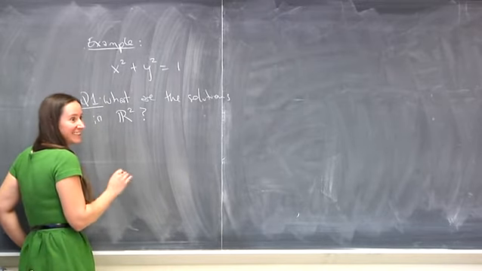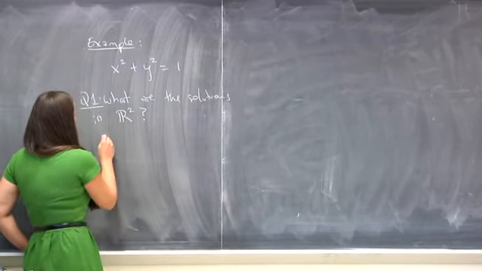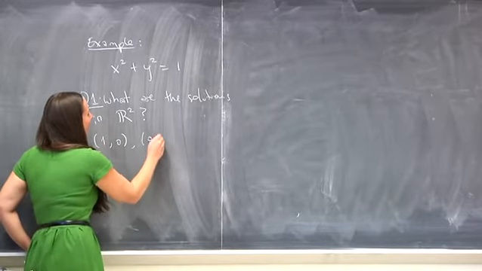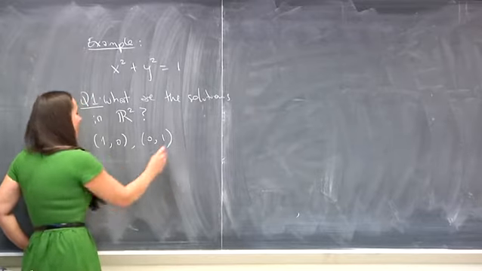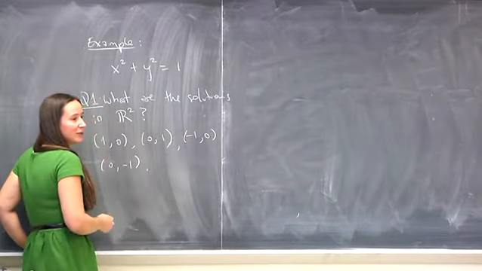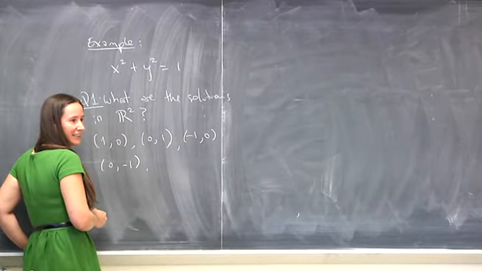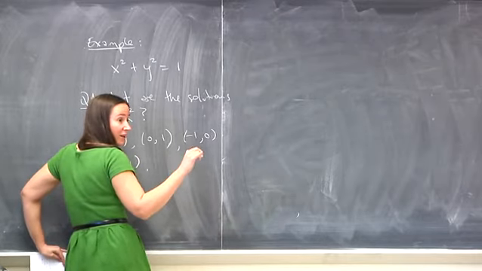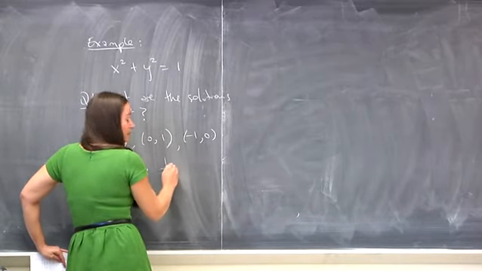There's some easy ones. 1, 0. Yes. Another one. 0, 1. Okay. Now something with no zeros. So this is true too, right? Now something without zeros. Sorry? 1 over square root of 2?